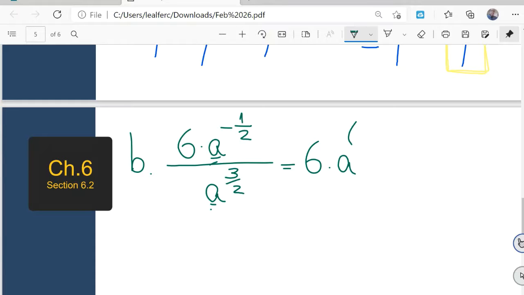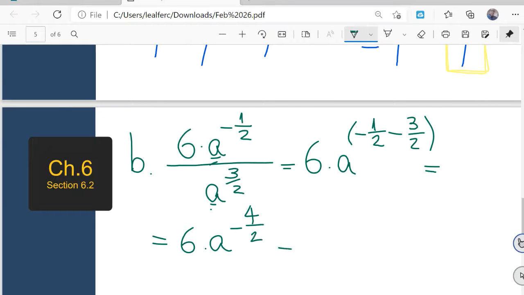The exponent of the numerator you keep here, and then you subtract the exponent of the denominator. Agree? This is equal to 6, then a, negative 1 over 2 minus 3 over 2 is negative 4 over 2. And negative 4 divided by 2 is negative 2.